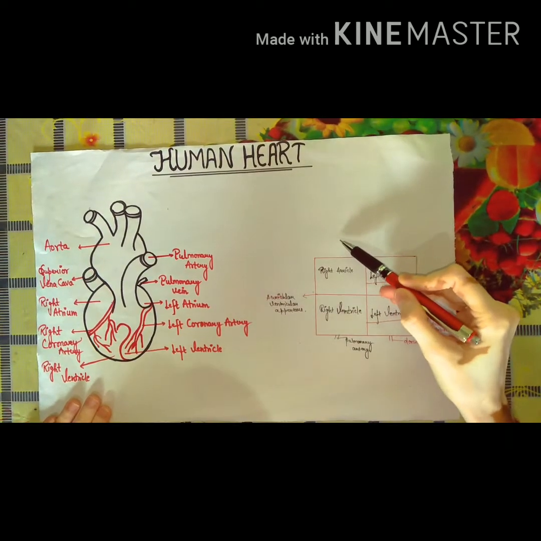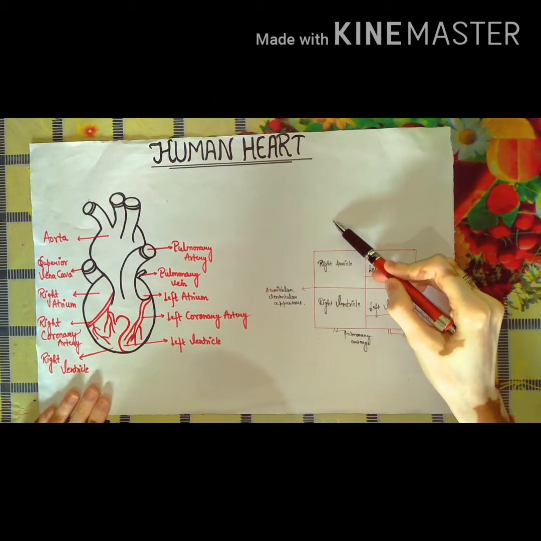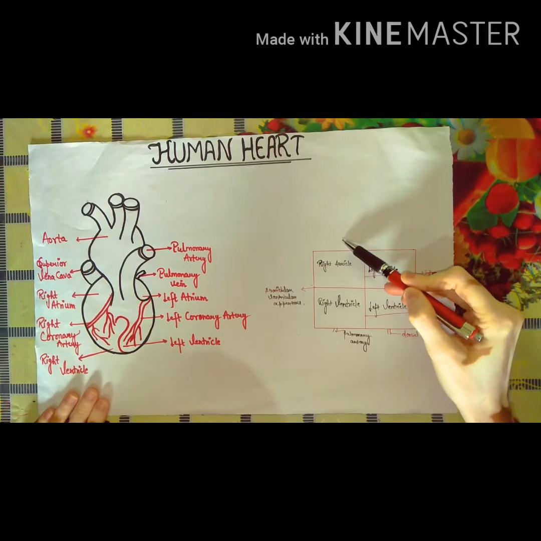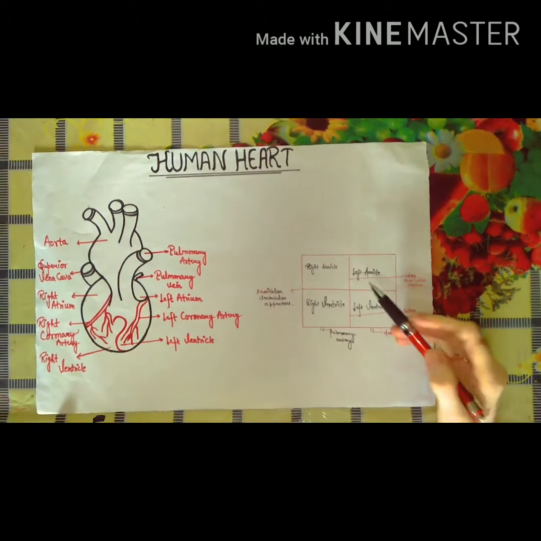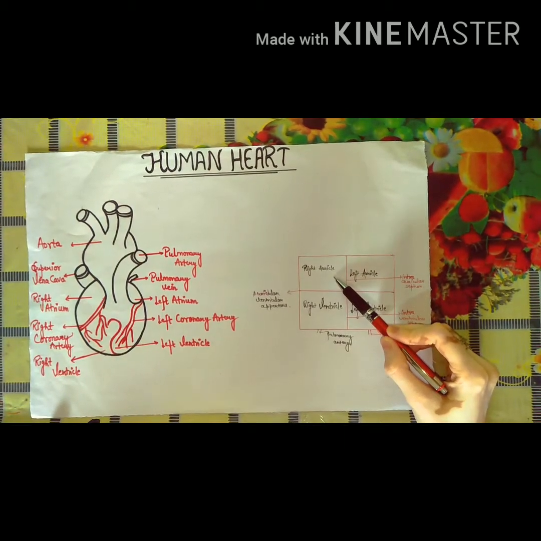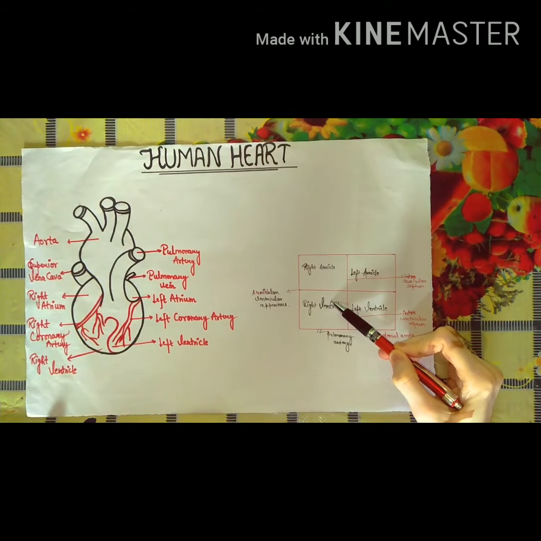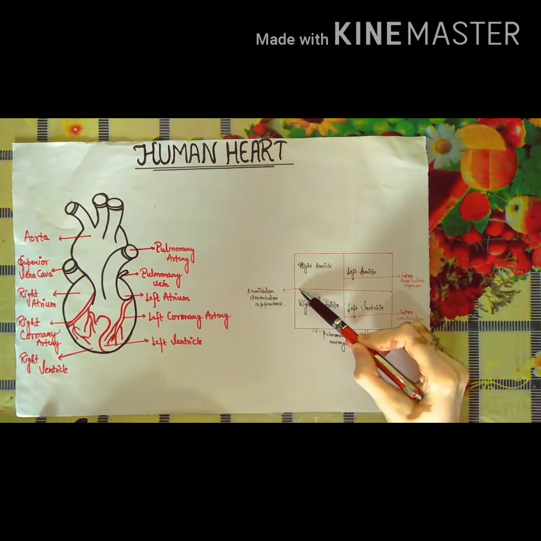The deoxygenated blood from all over the body is collected by veins and transferred into the right auricle with the help of the superior and inferior vena cava. The deoxygenated blood from the right auricle flows into the right ventricle through the auriculoventricular aperture.